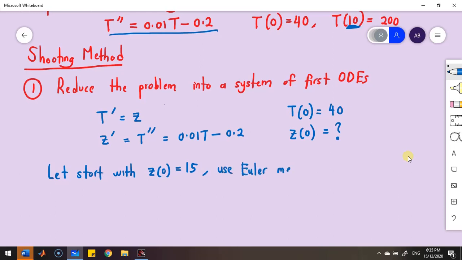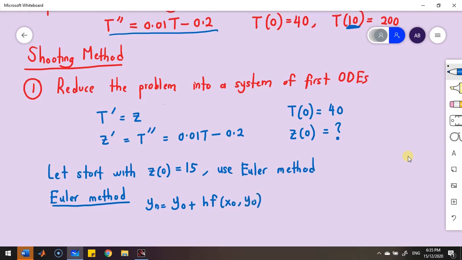We're going to use the Euler method because it's very easy. What is the Euler method? You're always familiar with this term, right? Yn equals y naught plus h f of x naught, y naught. This is the Euler method.